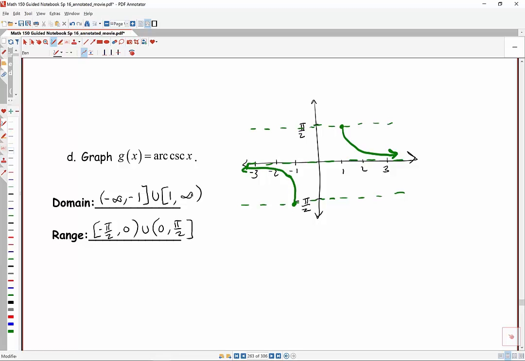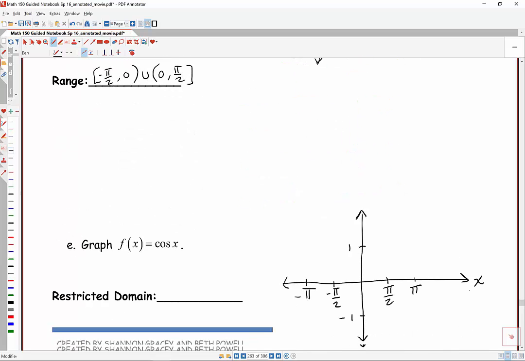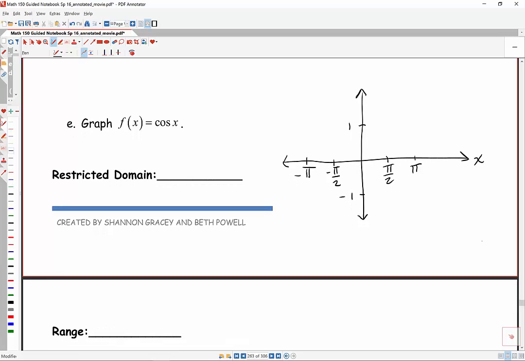Now we have our cosine of x. Graphing, this will be our f of x.